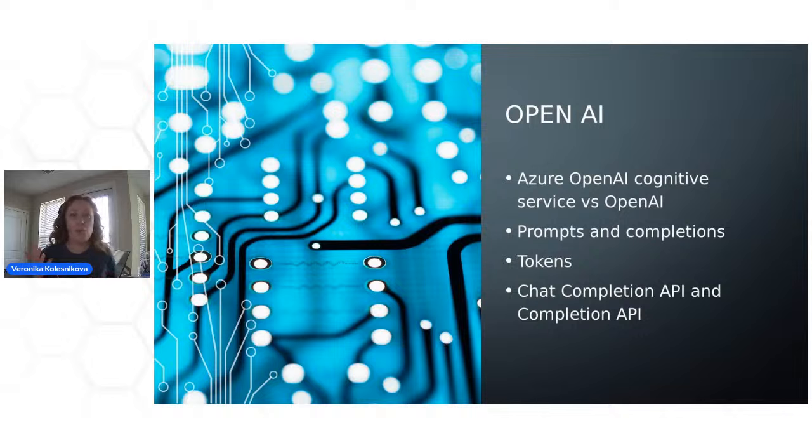It can be one shot, where you provide just one example, and then using that example, the model continues and provides completions. And it can be few shot, where you provide a couple of examples for the model, and then based on those examples, the model will provide further outputs.